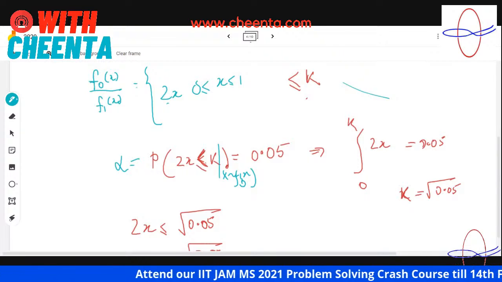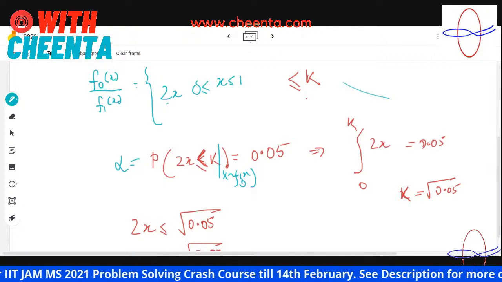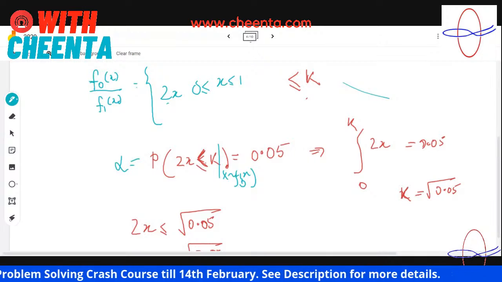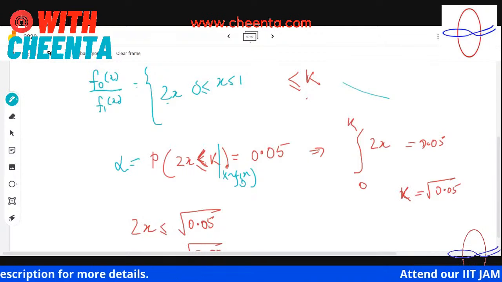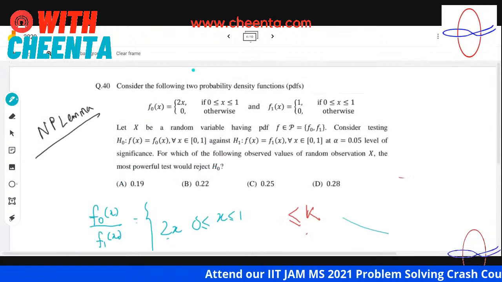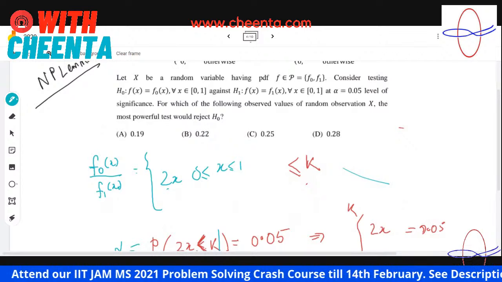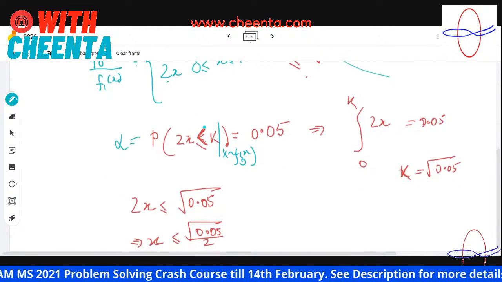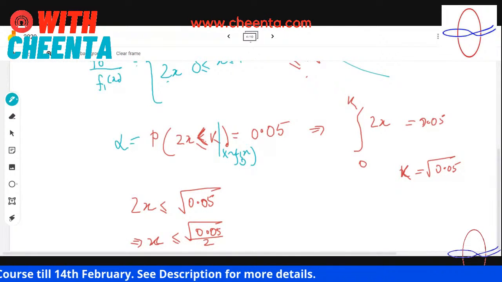Now 0.05 is 0.23423 divided by 2, we get 0.1111, right? Are you sure I have done some mistake? I think I surely must have done some mistake. Square root of 0.05 by 2 is coming, right?